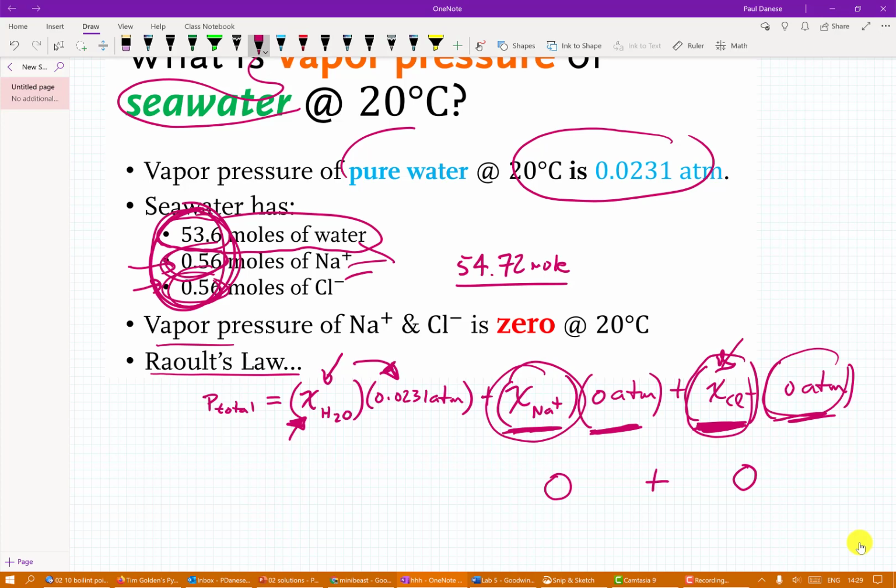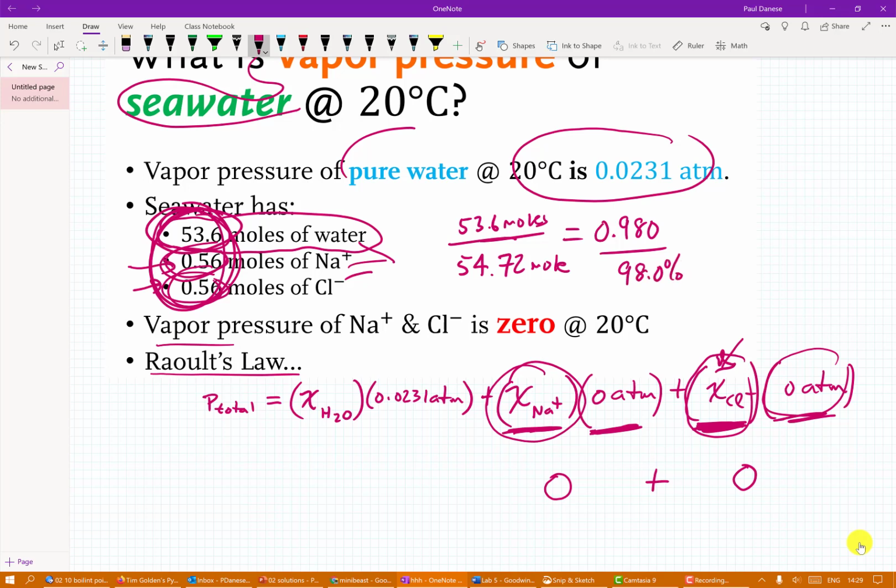And we need to figure out the fraction of our seawater that's coming from water itself, and that is going to be 53.6 moles divided by 54.72 moles. And if you divide 53.6 by 54.72 and you round correctly, it comes out to 0.980. So 98.0% of seawater is made of water molecules. And so this is going to be our mole fraction.